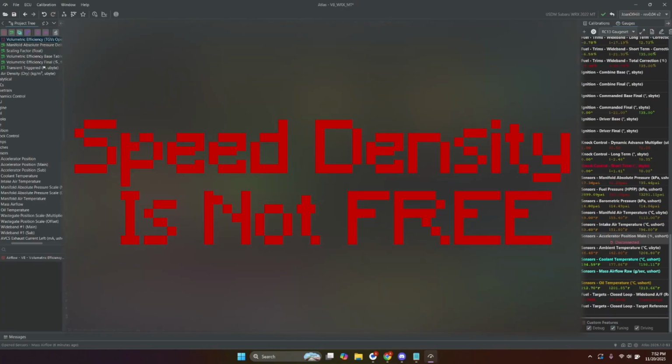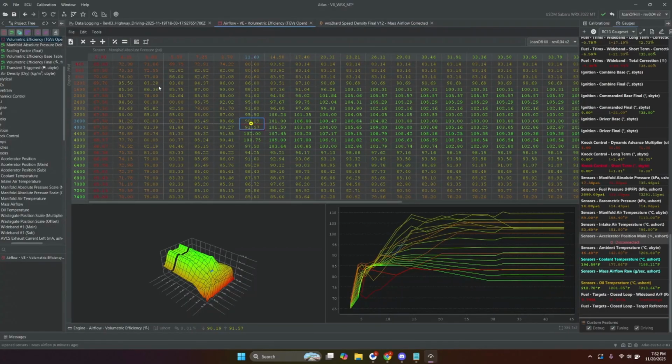So where VE comes in is at the very end of the pipeline. Let's say at 800 RPM, when you're idling, you typically idle in this cell right here, to be entirely honest. That's where your idle ends up falling.